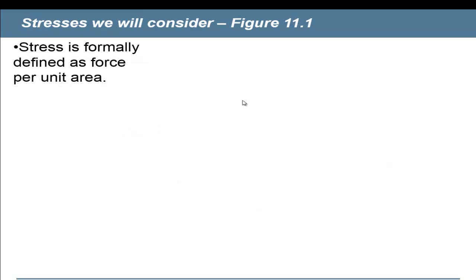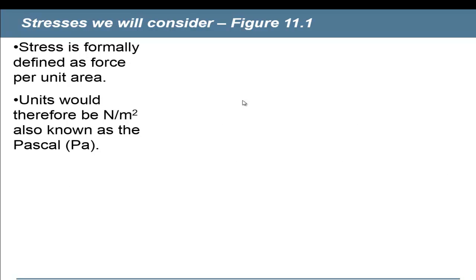Like I just said, stress is a force per unit area, so its units would be newtons per meter squared, which is also known as a Pascal, abbreviated Pa. So 1 Pascal is 1 Newton per square meter.